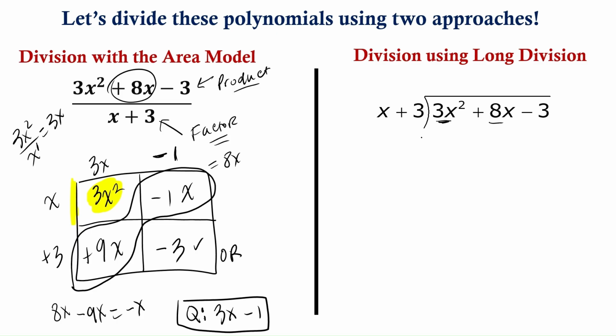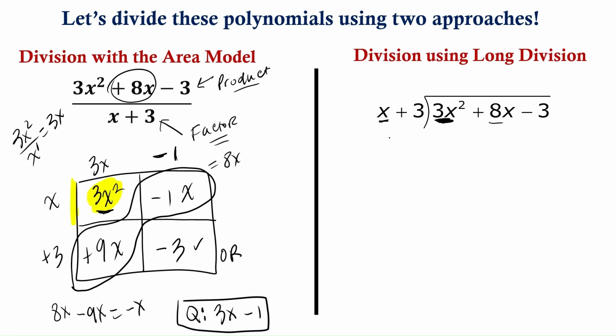Now, in terms of figuring out how to take the difference or what I need to subtract, I'm going to look at the first term, 3x squared, and the number that is being divided into, and our divisor. So I'm going to do just like we did in our area model.